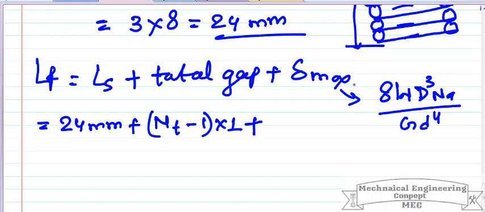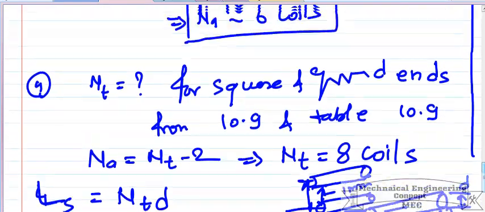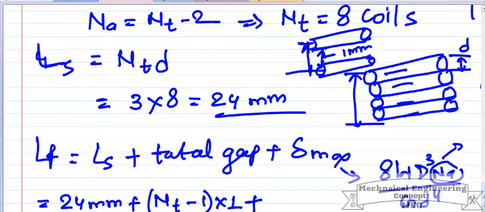Why do I need to calculate this delta maximum? We already have a known value given in this problem, 10 mm. Why do I need to calculate this again? Because I already rounded off or corrected this Na value, which came out as 5.65 coils, which I corrected as 6.